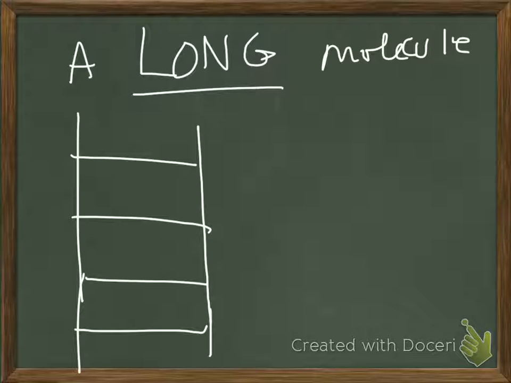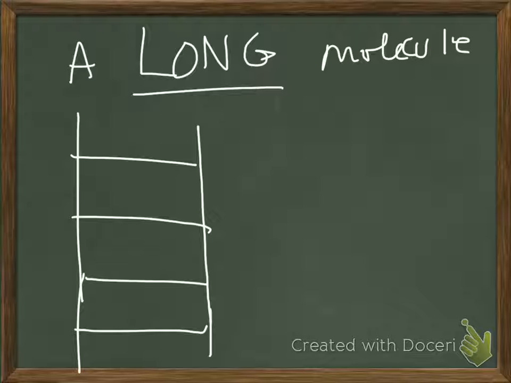Meaning you would have to go home and find a ladder, and that would be your homework. It's only funny inside my head. I understand that. Okay. DNA is basically shaped like an enormously long ladder. If you had a ladder that was miles and miles and miles long, that's what you're looking at with DNA.